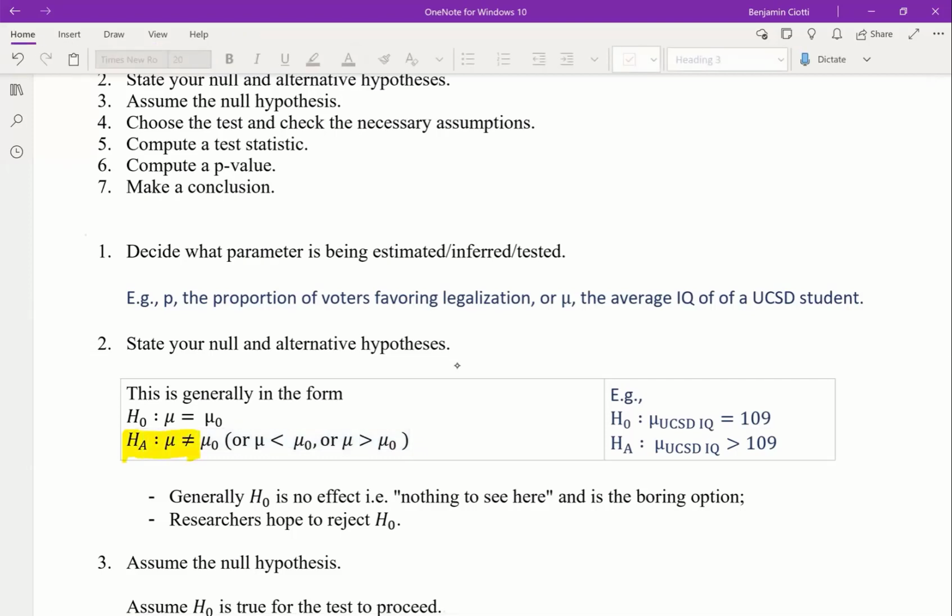The standard way that we write an alternate hypothesis is that mu is not equal to mu naught, or less than, or greater than. And like I said, you usually have to read the problem carefully to figure out which one we're asking.